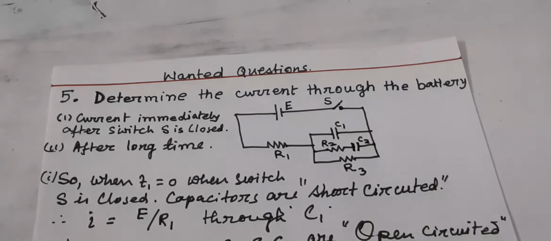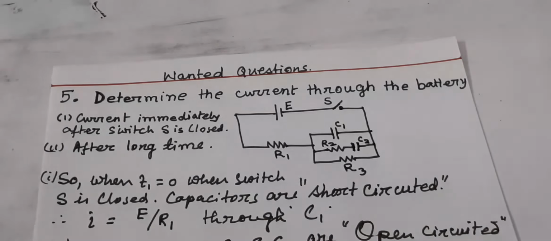Now if you see here, with capacitor C2 there is a resistance, so the easiest and least resistance path will be E, R1, C1, S and E again. That means current through C1 will be E divided by R1.